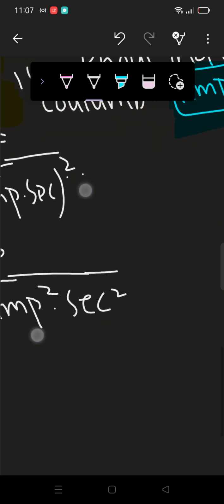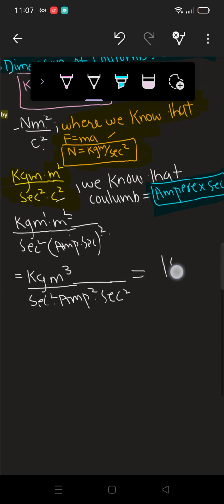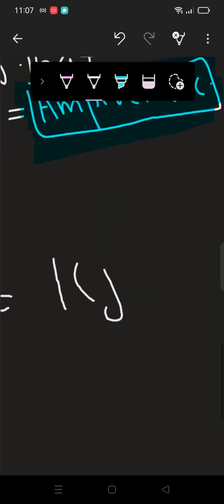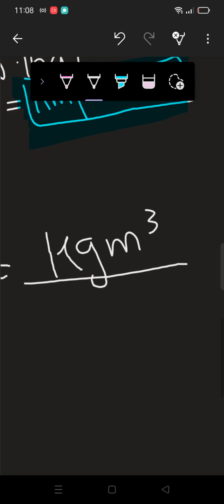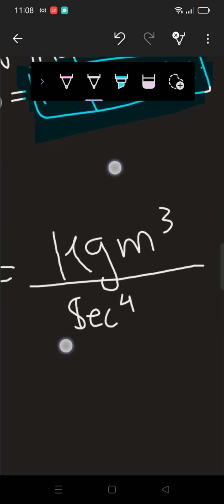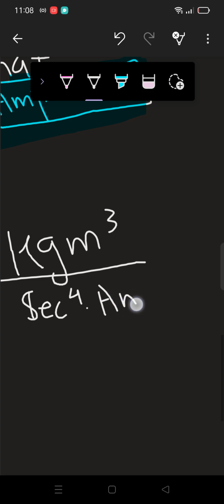So it is going to be equal to what? kg meter cube upon second power 4, so we have got power 4, into ampere square.